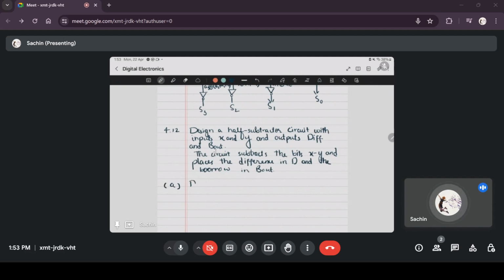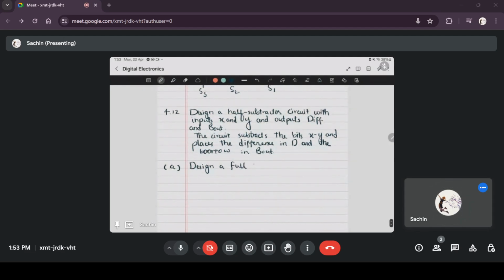Part A. Design a full subtractor circuit with 3 inputs x, y and b in and 2 outputs diff and b out.